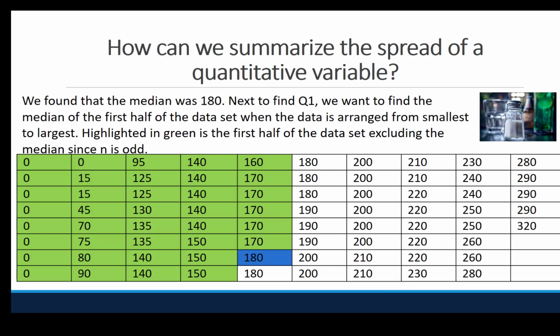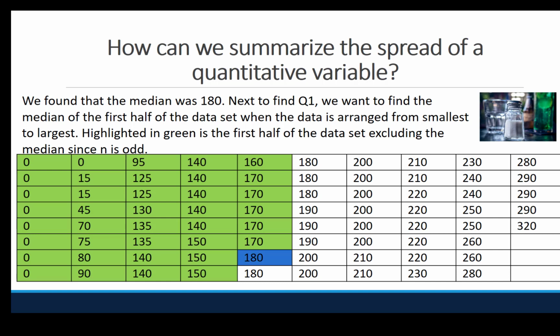Quartiles. The easiest quartile to find is Q2, since Q2 is the median. Previously, we looked at the sodium observations arranged from smallest to largest. We found that the median was 180. Next, to find Q1, we want to find the median of the first half of the data set when the data is arranged from smallest to largest. Highlighted in green is the first half of the data set, excluding the median since n is odd.